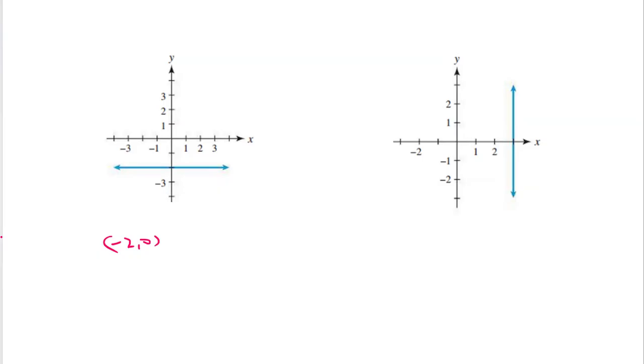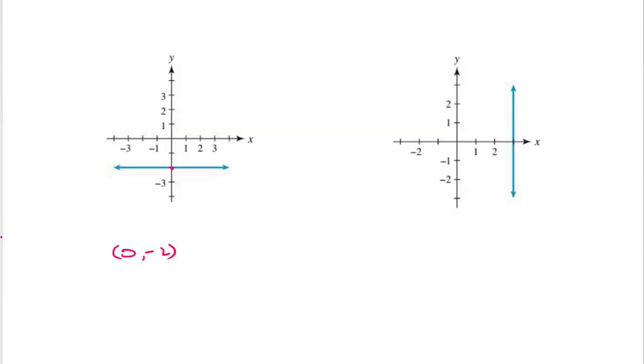Oh, sorry. You're right. It's 0, negative 2. Okay, give me another one. So we pick this point.